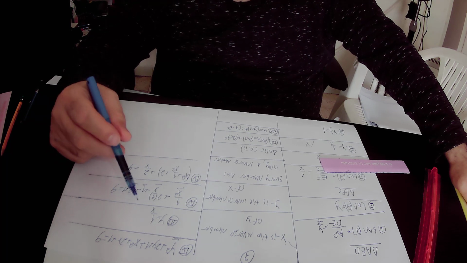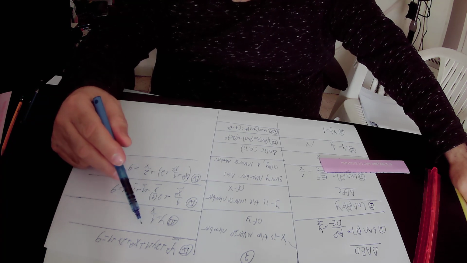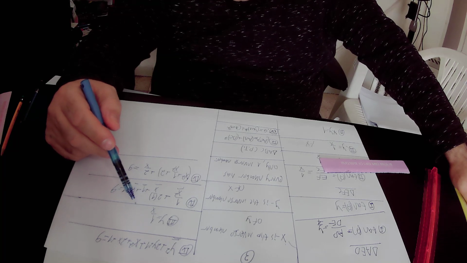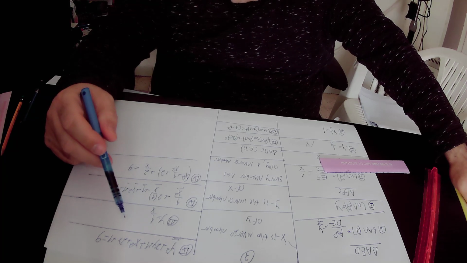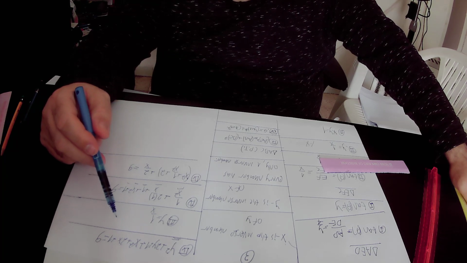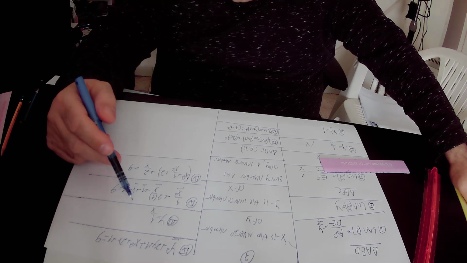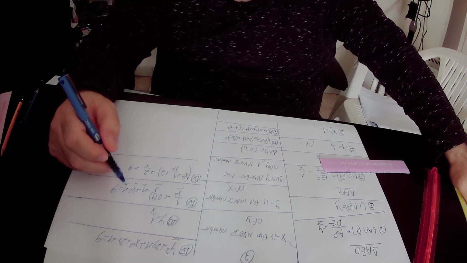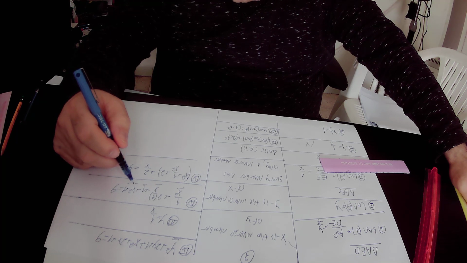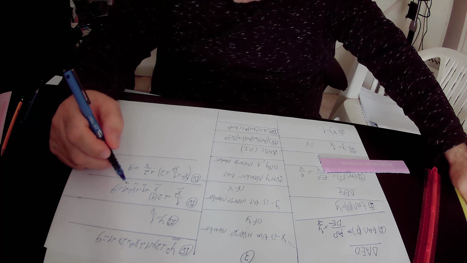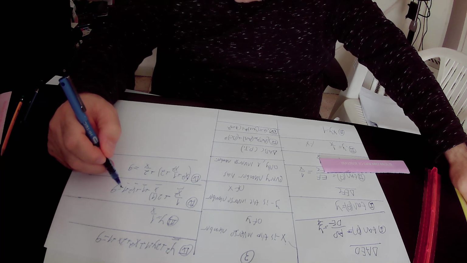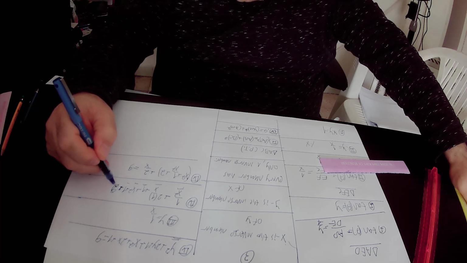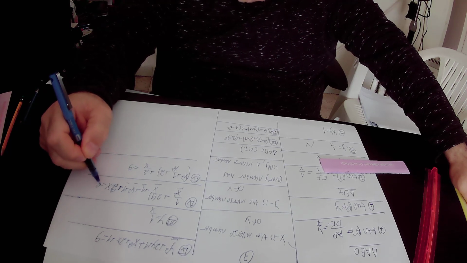Here we have y squared plus 2y plus 1 equals x squared plus 2x plus 1. So here we also have to add 2x. It is actually plus 2x equals 9.